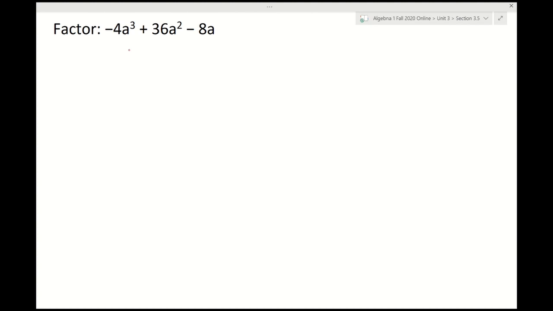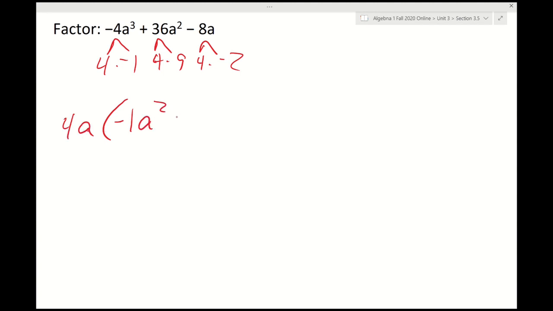Here we can think of this as a 4 times a negative 1, as a 4 times 9, and as a 4 times a negative 2. What that will leave us with is 4 times negative 1, but we also have an a in each term.